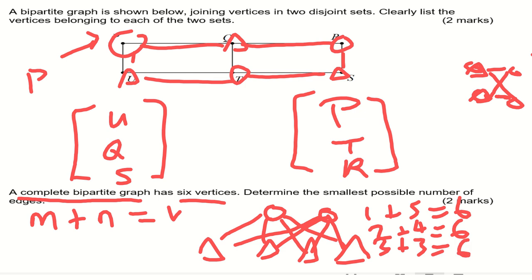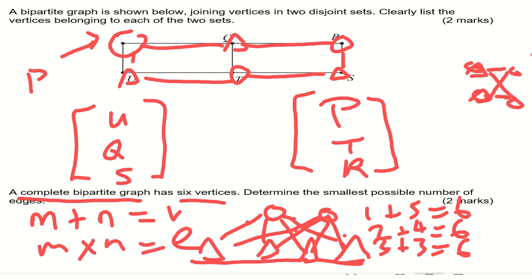Okay? I want the smallest number of edges. And you will find the relationship is if you multiply the number of vertices of each group, you get the edges. For this case, I have 2 and 4. I must have 8 edges: 1, 2, 3, 4, 5, 6, 7, 8. There you go. So the relationship here is m times n equals e.